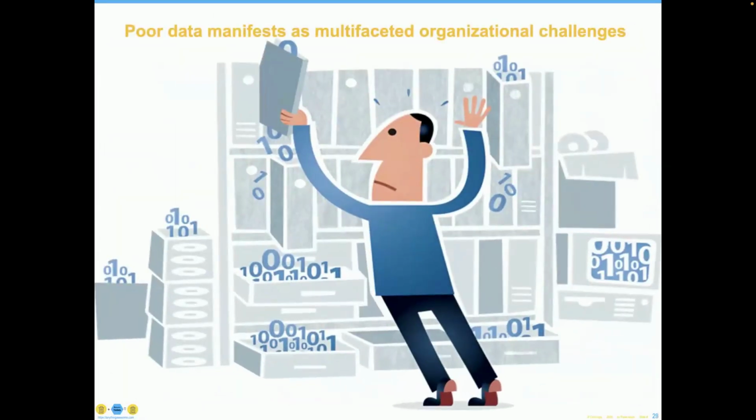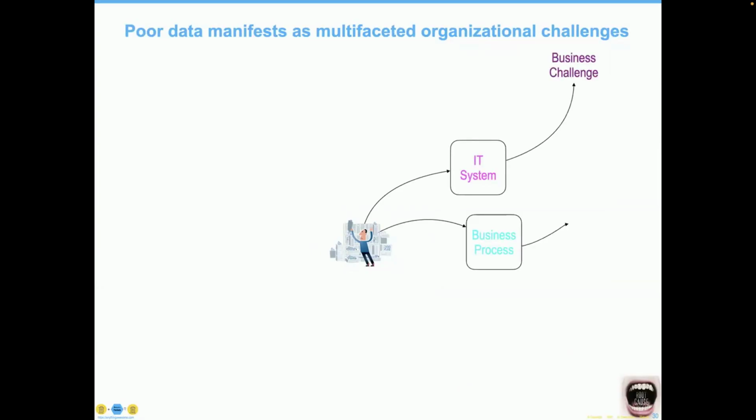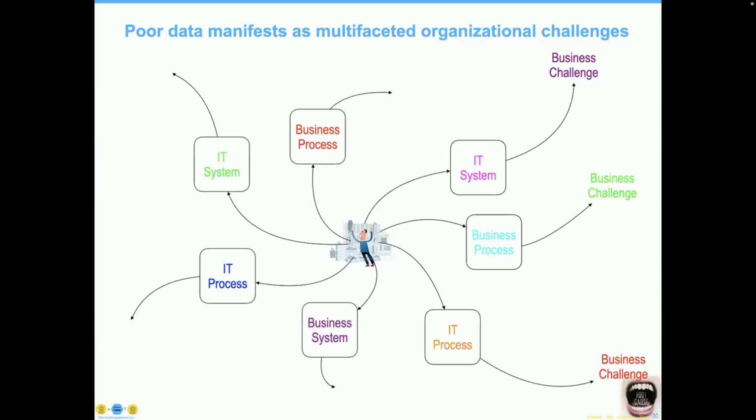Again, one particular data problem manifests itself as a number of different types of organizational challenges. Each data symptom that's seen is filtered through an IT system or business process or a combination of both.